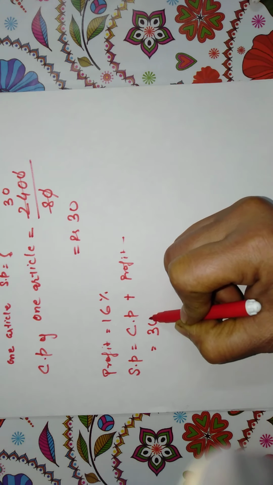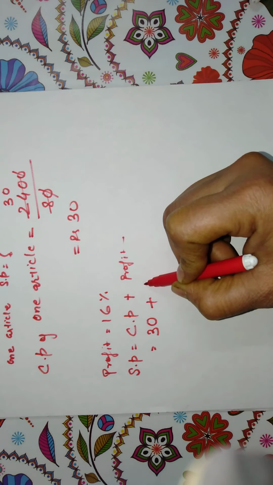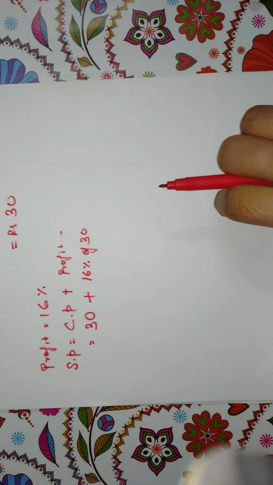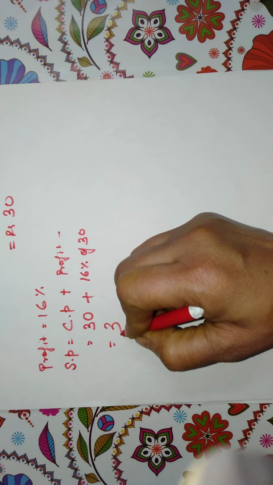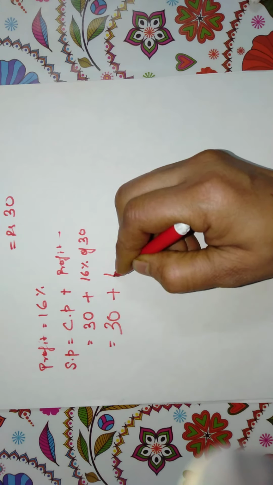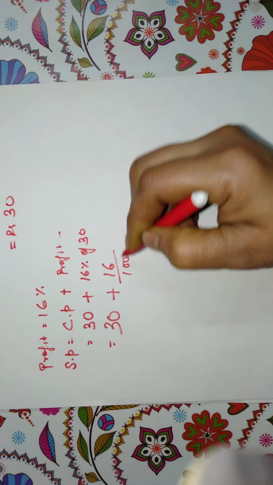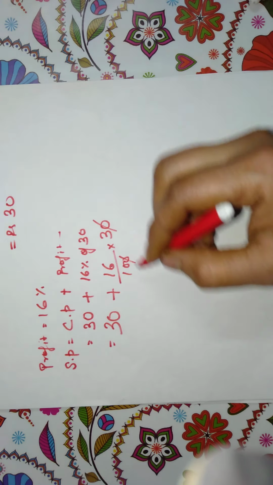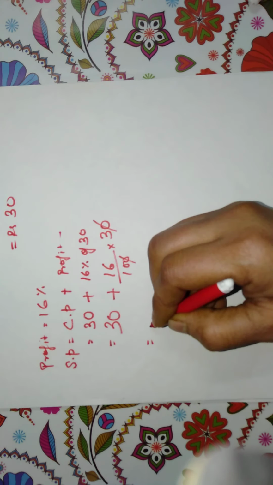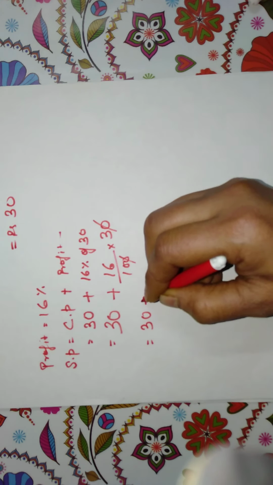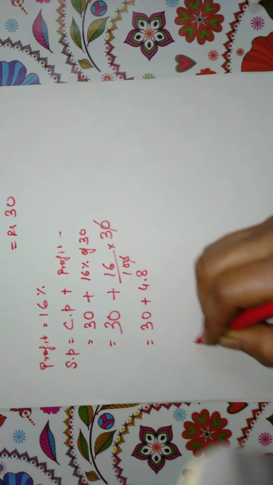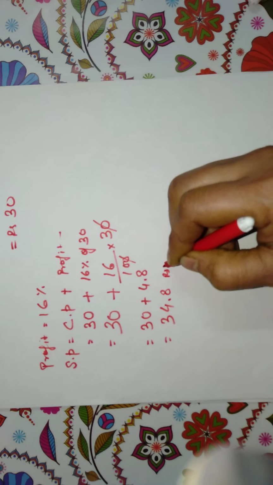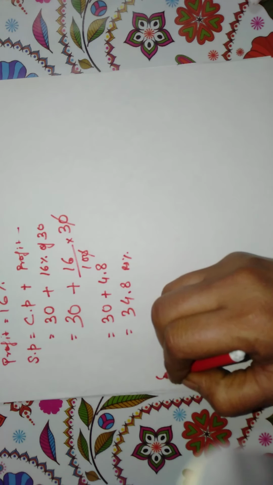Cost price for one single item is 30 rupees plus 16% of 30, which is equal to 30 plus 16 upon 100 into 30. 16 3s are 48, and 48 divided by 10 is 4.8, which in turn gives us 34.8 rupees. So this is the selling price of one article.